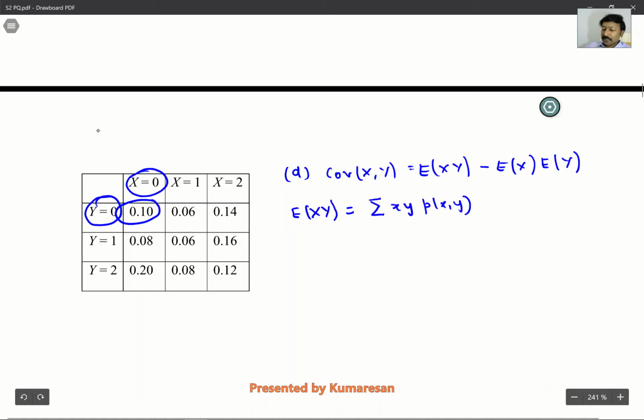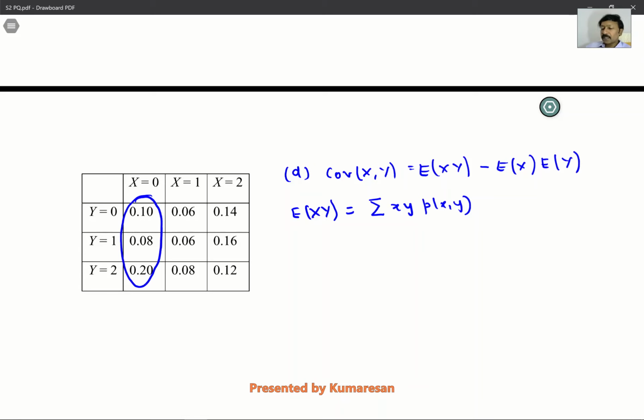And now you can see that if you multiply x by y by the joint probability, all these values, when x is 0, it's going to be 0.